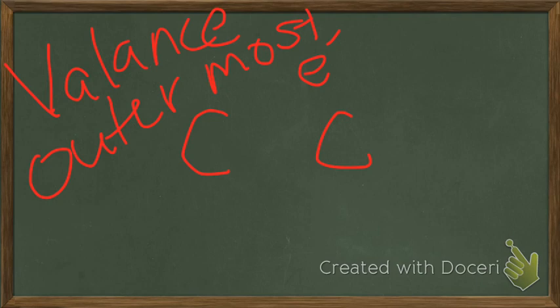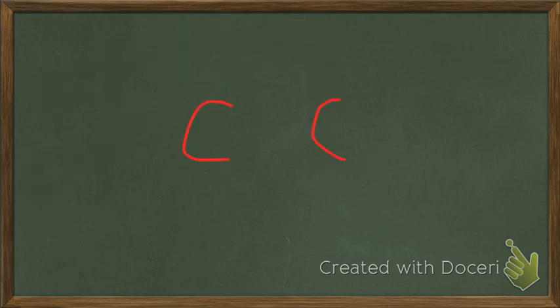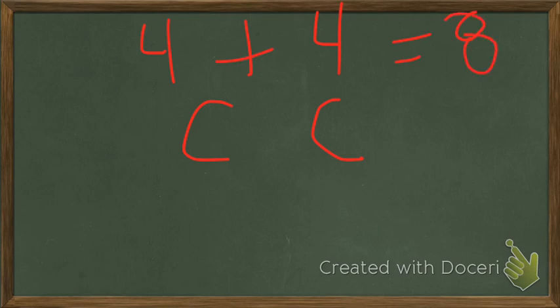Okay, and carbon has 4, and 4. So 4 and 4 equals 8, and it would be nice and happy because it would end up with 8. So this is also what makes carbon very special, is because it can bond with itself, and it doesn't mind. It likes to bond with itself, okay? And we'll talk about that some more as we get into our macromolecules on the next video.